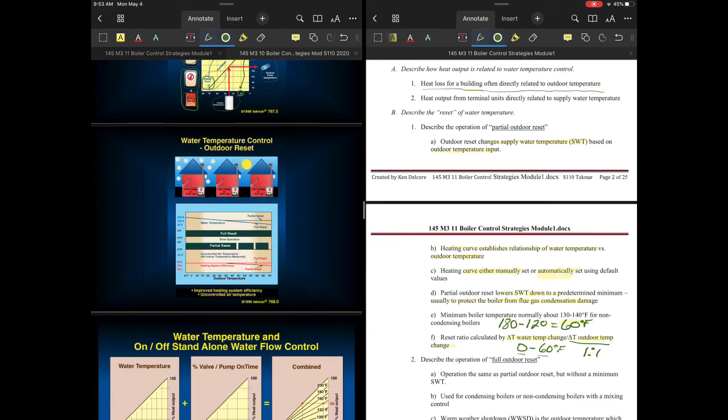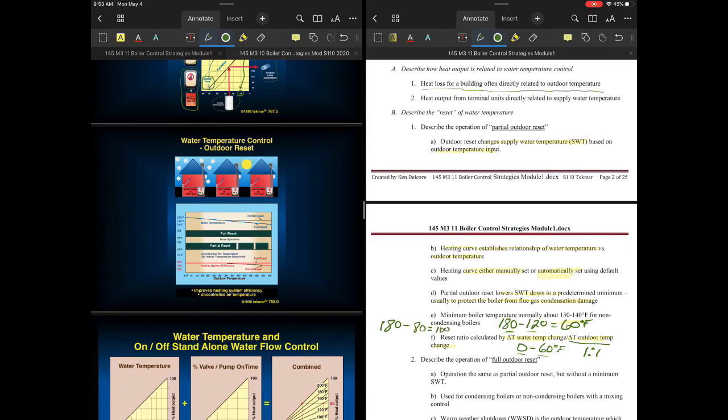At 60 degrees outside, I might not want to use my boiler anymore. In that case, that gives me a 1-to-1 ratio. So every time we are between the 0 and the 60, we are going to see a 1 degree change in each as we progress down.